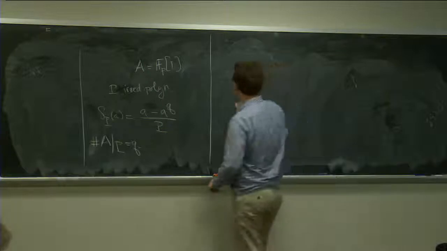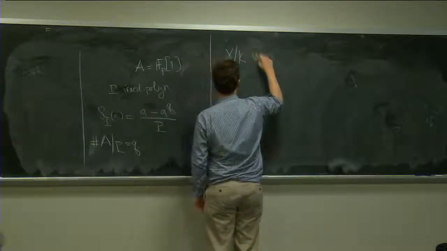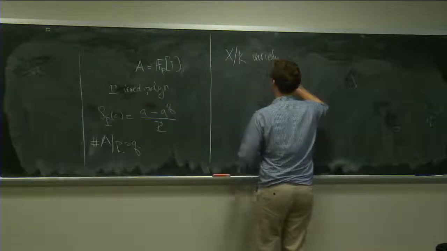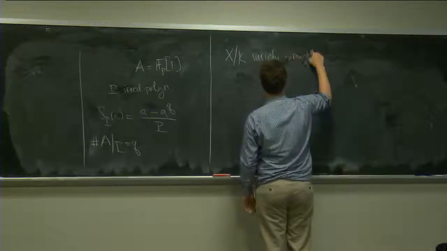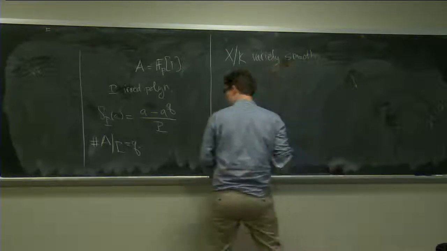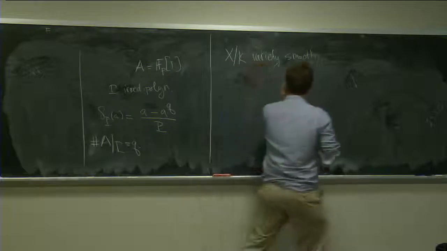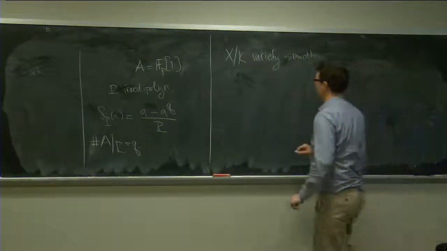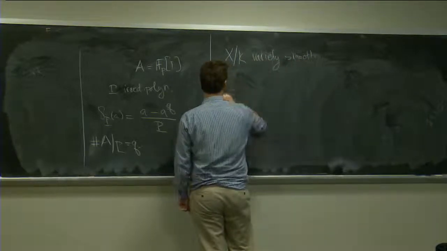So back to Kodaira dimension. Let's say you have a variety, smooth for now. Oh man, I used K. Well, okay.